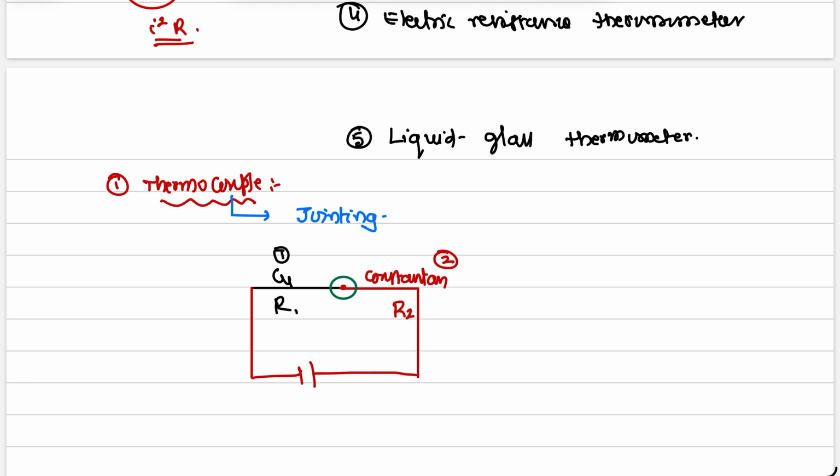Resistance of copper is different, resistance of constantan wire is different. Then there will be a change in the hotness and coldness, again hotness and coldness are relative, because of change in resistance.